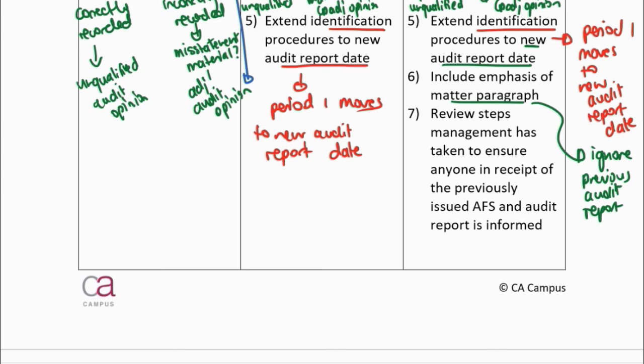So I don't have to go and make an additional statement so that the users can see, please don't look at the previous audit reports, only look at this one.